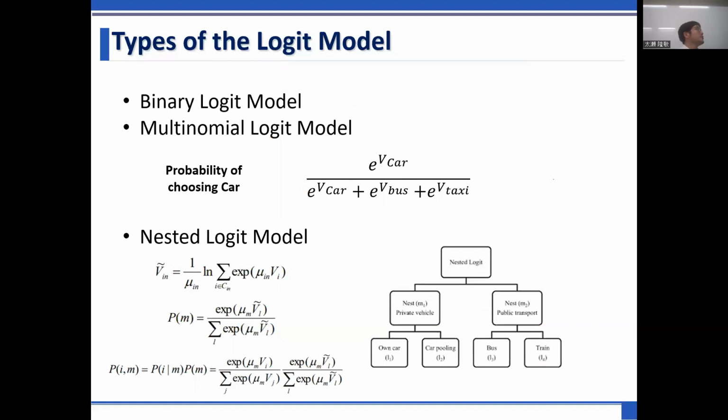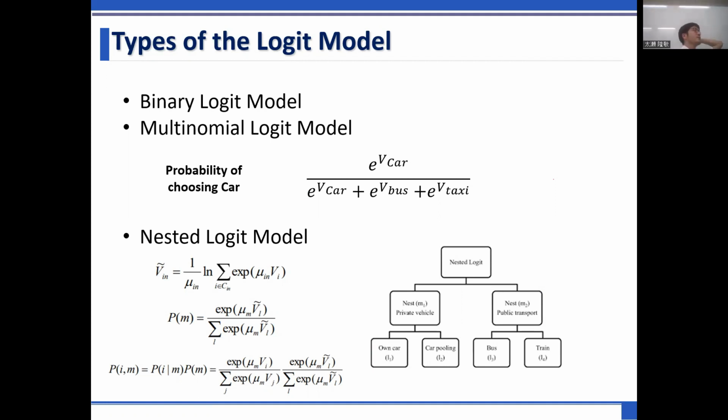Yes, and the logit model has various types. In this slide, this is not all. However, the typical ones: binary logit models explain the two alternatives, and multinomial logit models compare the probabilities of more than two alternatives.